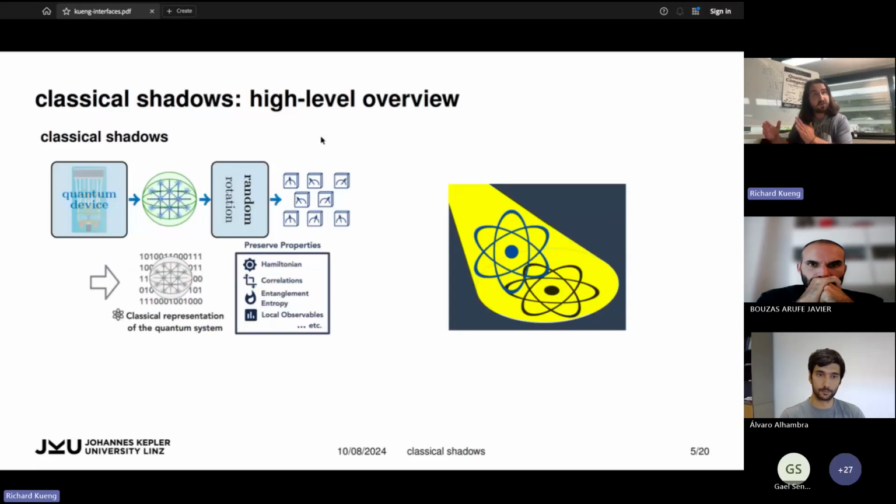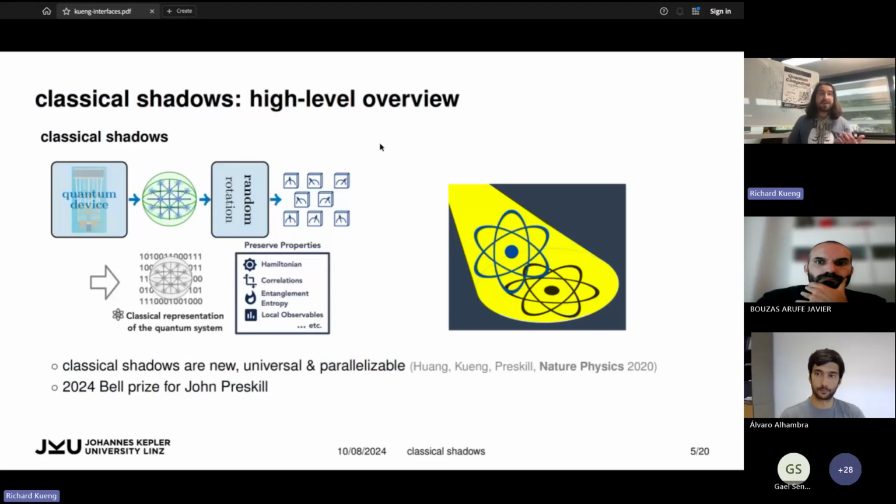And this opens the door to classical Monte Carlo approximation. And this is one of the most powerful classical tools we have to deal with big data problems. There you also have a big, complicated object, and you approximate it with easier things that are randomly selected in a way that they converge to the true object in expectation. And this is exactly what we do in the classical shadow framework. And then you reap all the benefits of a classical Monte Carlo technique.